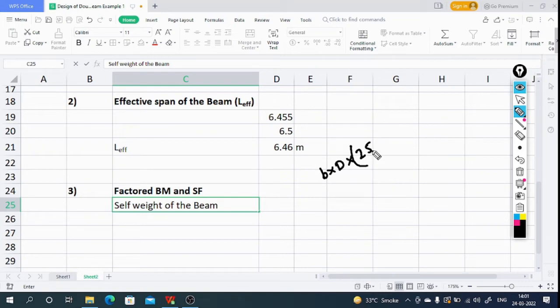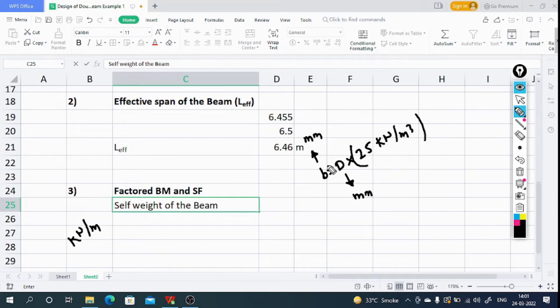Density of the concrete, normally we take 25 kilonewton per meter cube. And you see, the width B of the beam and overall depth D of the beam are given in the problem statement. B is given in mm, D also is given in mm, and the density of the concrete we have in meter cube. We want the weight in kilonewton per meter.